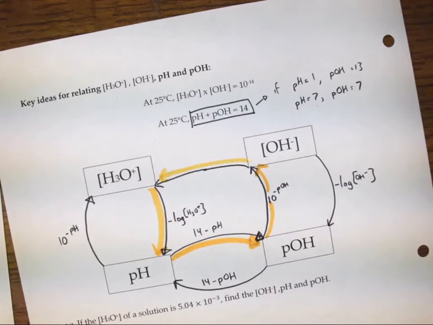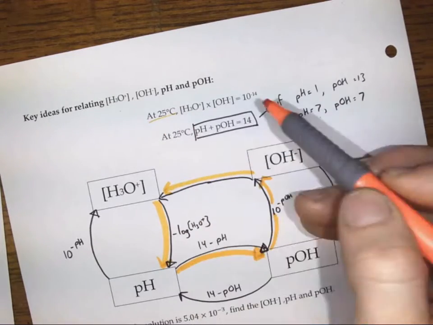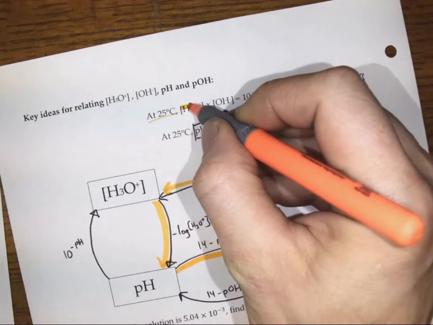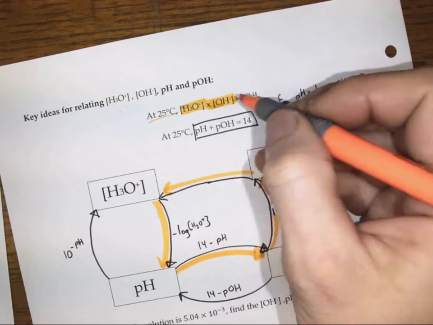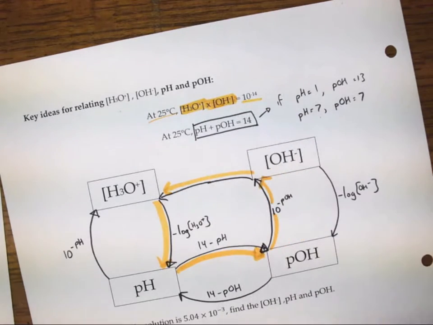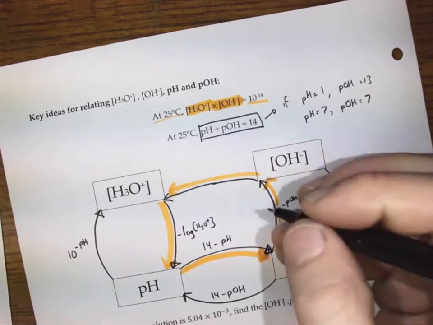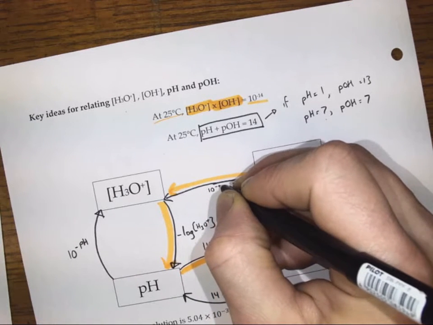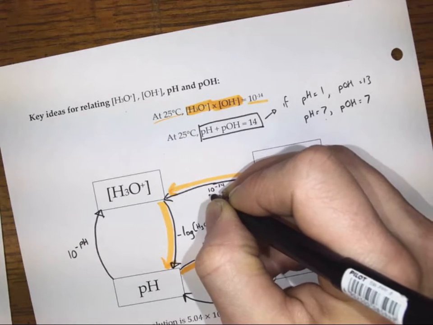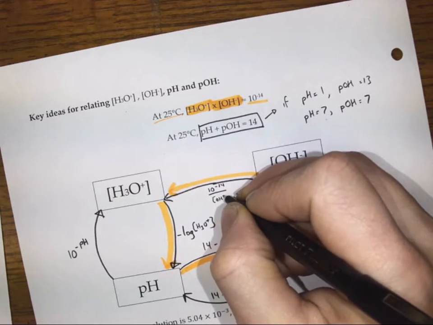We need to know this last fact up here, which is that as long as it's 25 degrees, the concentration of hydroxide times the concentration of hydronium ions is 10 to the power of negative 14. So if I have my hydroxide concentration and I need my hydronium concentration, I just take 10 to the power of negative 14 and divide it by my hydroxide concentration.